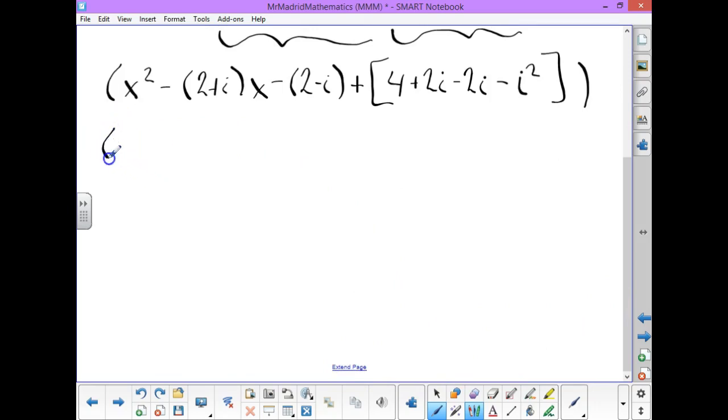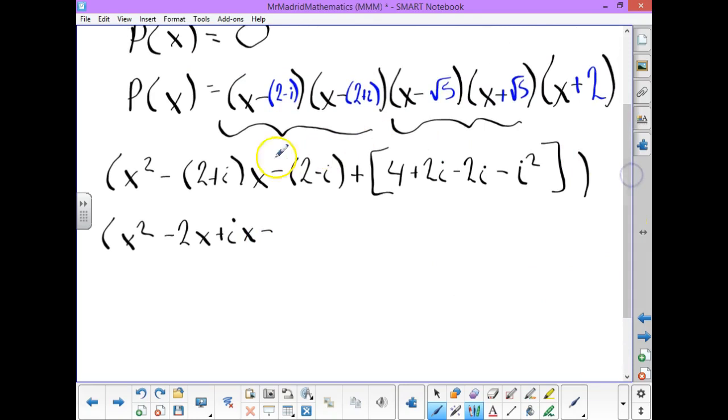So we're left with x squared. If you distribute this, let's write these out. Negative 2x plus ix. Let's double check this term. This one came from this multiplication, this one comes from these two, so it looks like we need to include the x there.